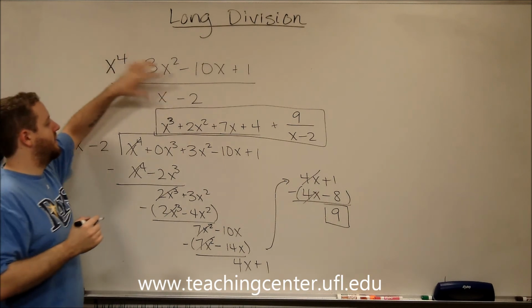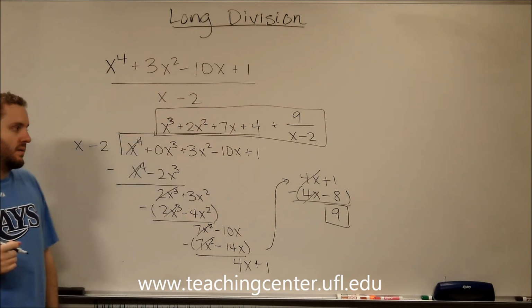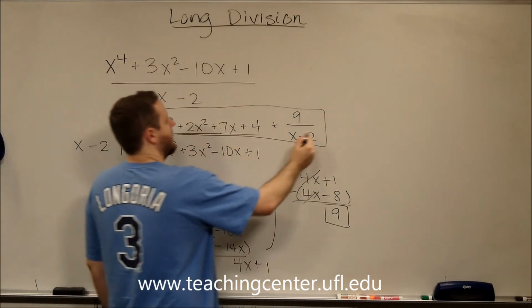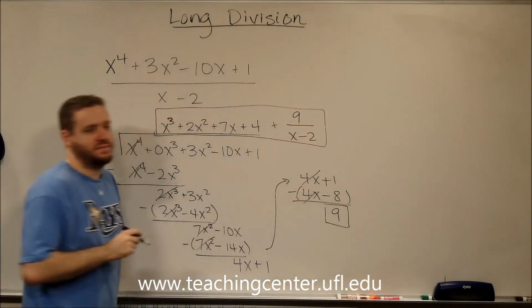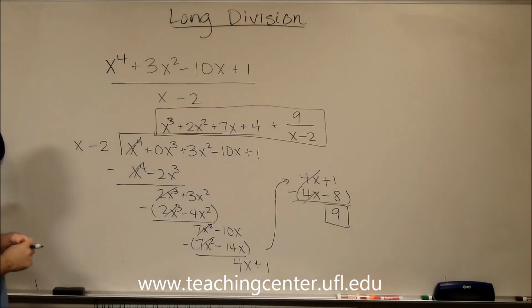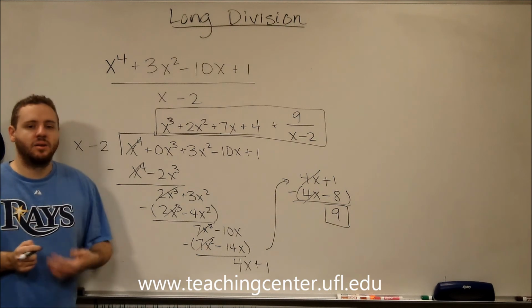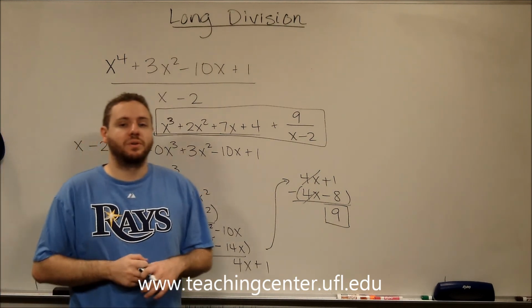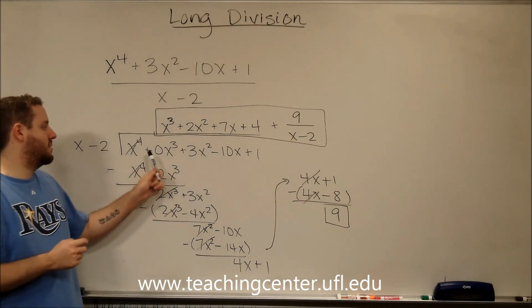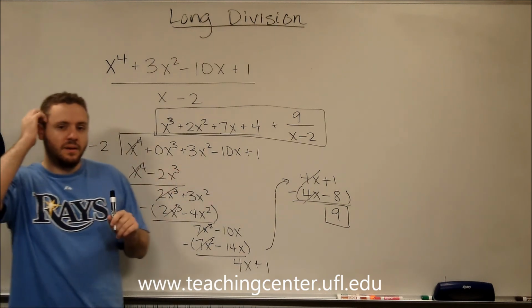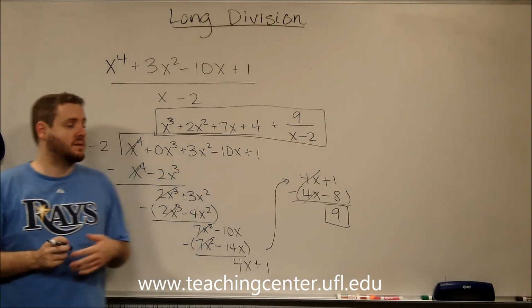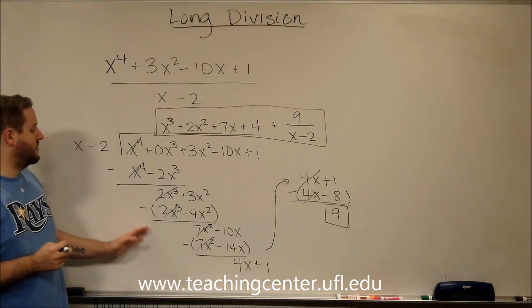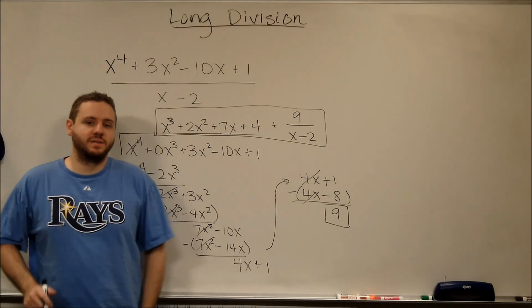It's just you divided the x minus 2 into everything, and you were left with some remainder term that didn't divide evenly. So polynomial long division, again, is pretty similar to how you do long division with real numbers. Just make sure that you put those placeholders there if you're missing some power of x, and make sure that you do your negatives and distribute your signs appropriately.